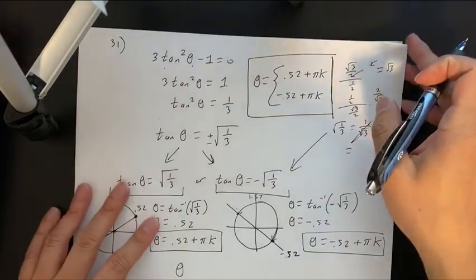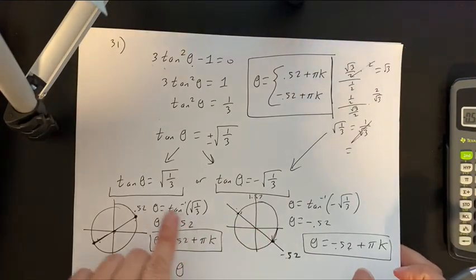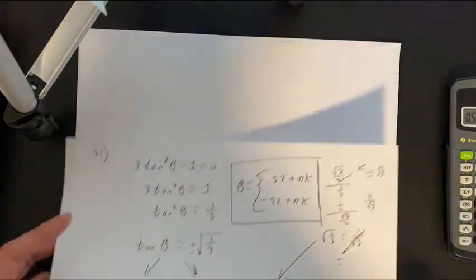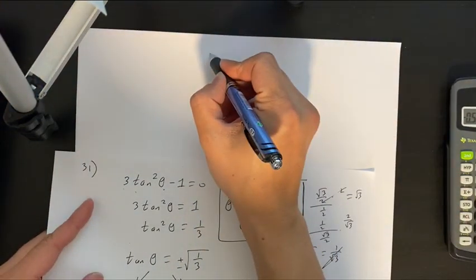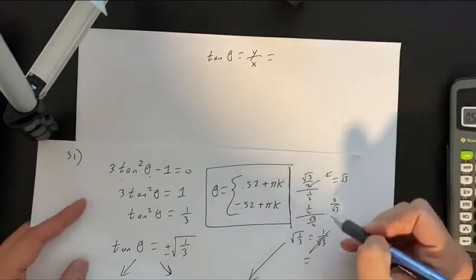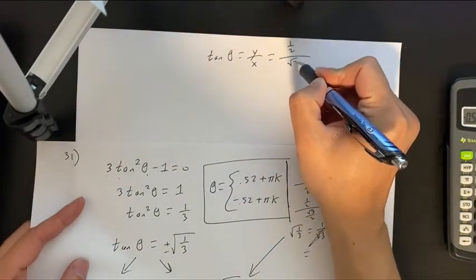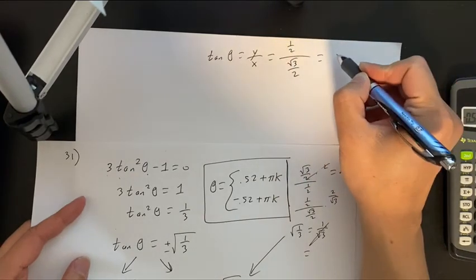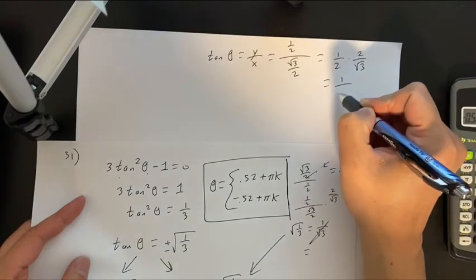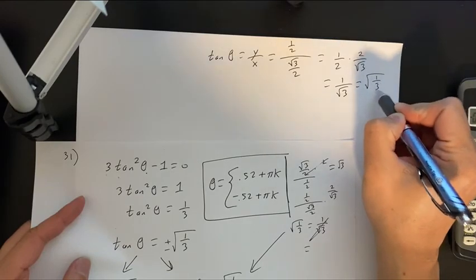And it turns out you can solve this without having to use the calculator, because this is a nice angle. So tangent theta is y over x, but if your y is 1/2 and your x is √3 over 2, this is the same thing as 1/2 times 2 over √3, which is 1 over √3, which is the same thing as √(1 over 3).